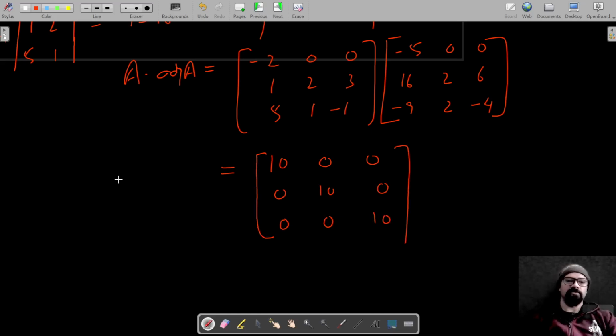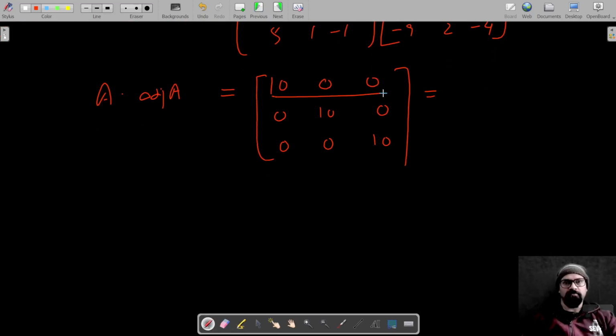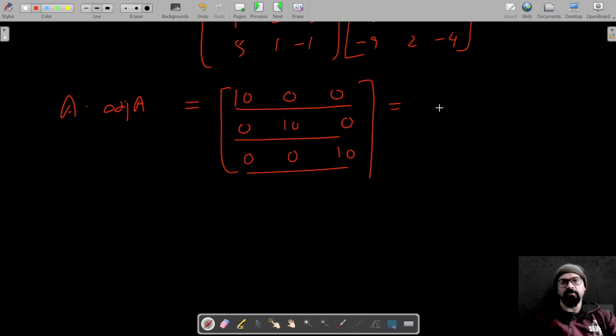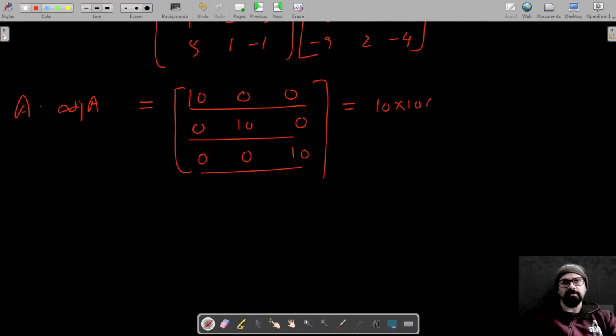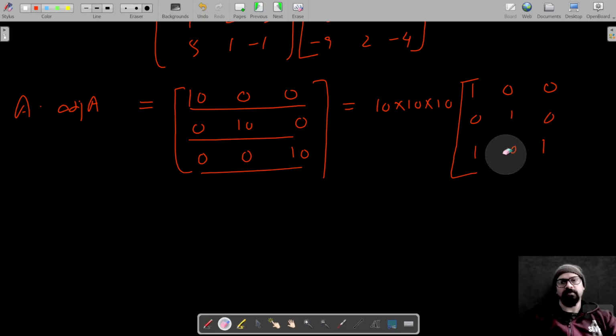So this is A into adjoint A. Now if we take 10 common from all the three rows, this is 10 into 10 into 10, and an identity matrix is left: 1, 0, 0, 0, 1, 0, and 0, 0, 1.